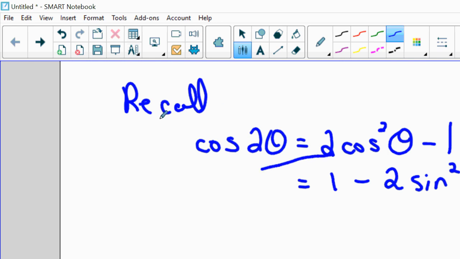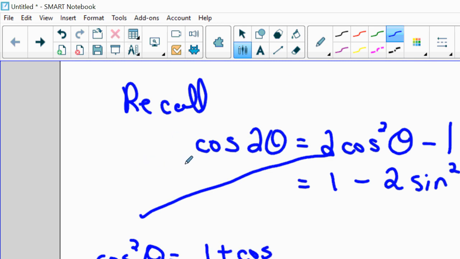What I'm going to do is solve for cosine squared, and I get 1 plus cosine 2 theta over 2. And I'm going to solve for sine squared, and I get 1 minus cosine 2 theta over 2.